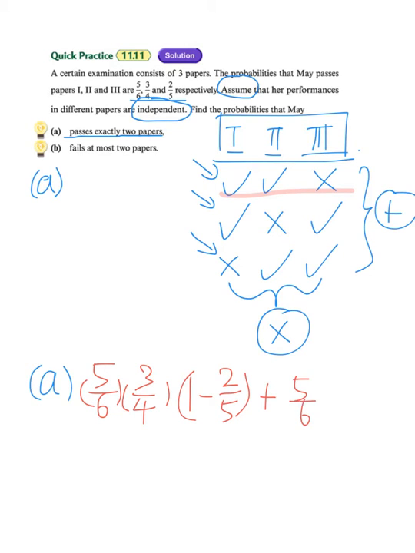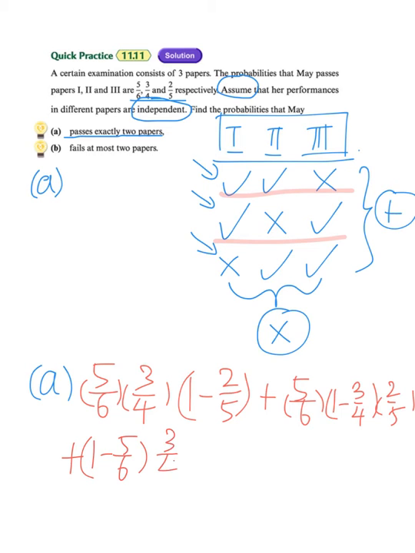The second chance is that the first paper is passed, the second one fails, and the third one is passed. And the last situation is the first one fails, and then the rest of them pass. So that will give you the answer 61/120.